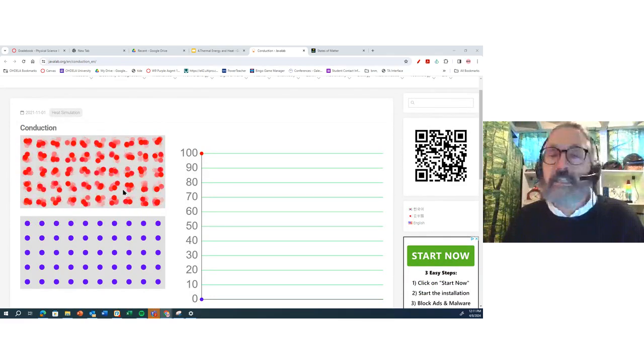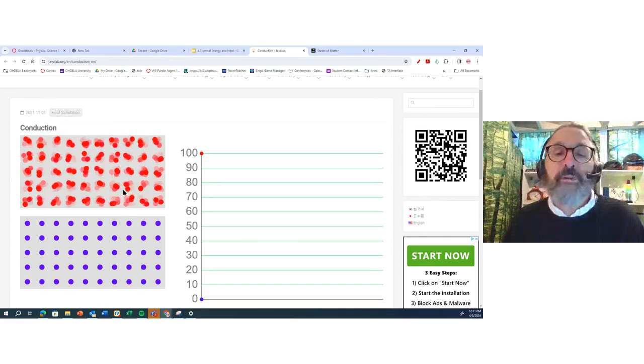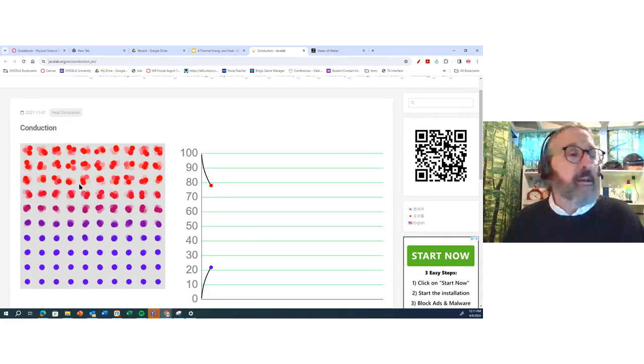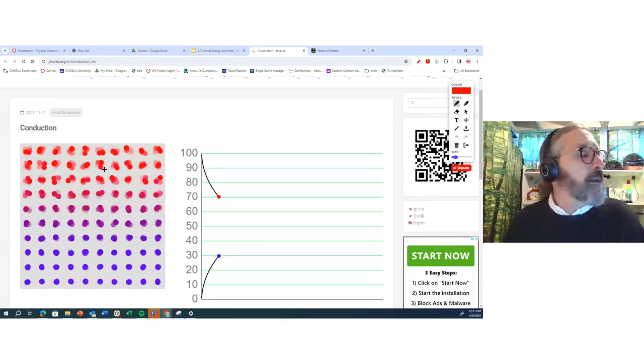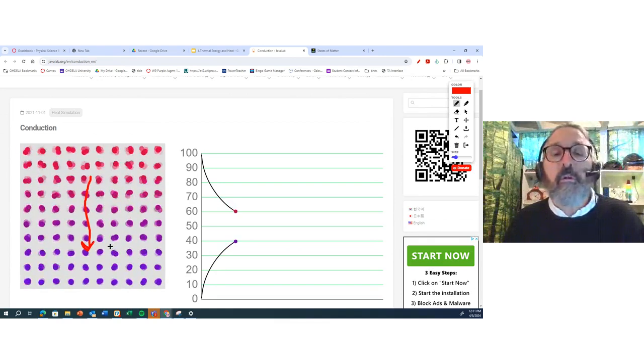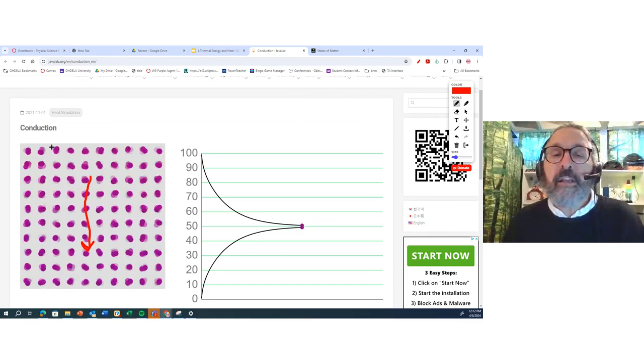So when we touch these, you'll notice that the heat is going to move from the red, the warm, to the cold, or less energy. And notice that we have two pieces of the same size material, and we're going to get an equilibrium of 50 degrees, right?